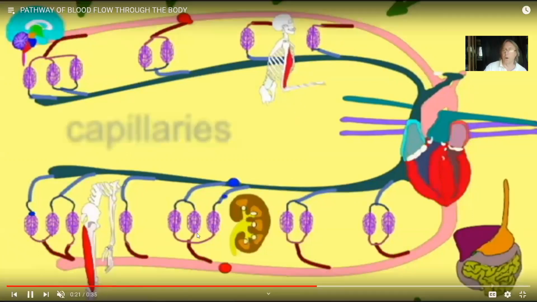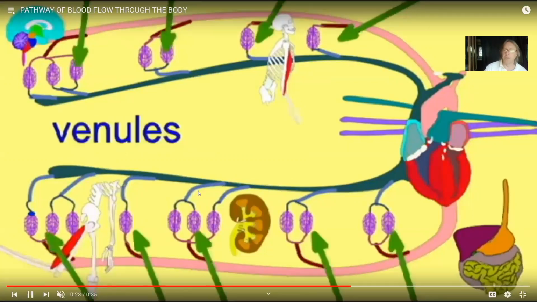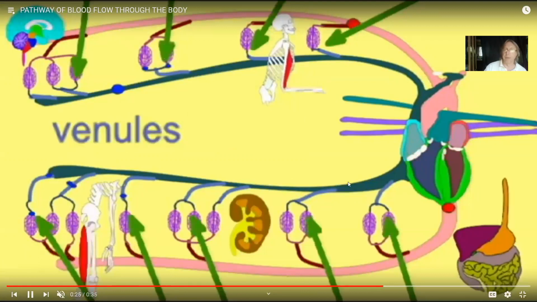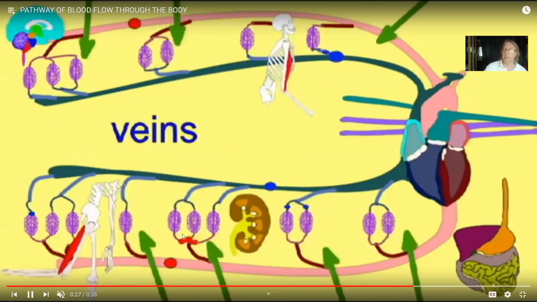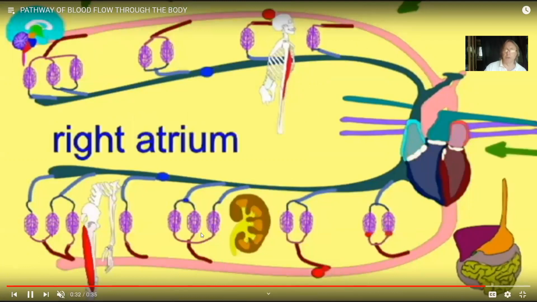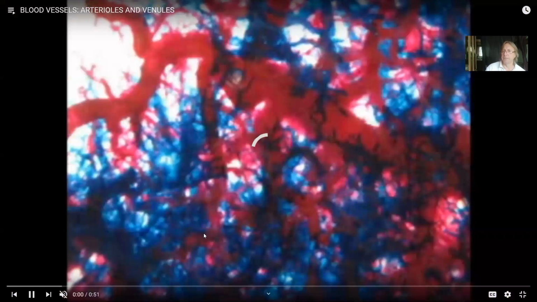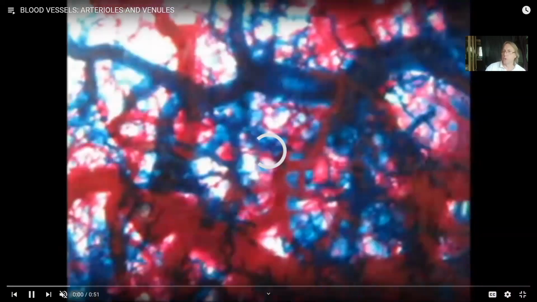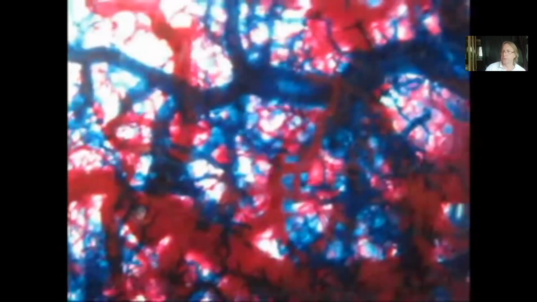There are microscopic arterioles, and then capillary beds, and then venules, microscopic veins, and then the veins, which will then return blood to the left ventricle. So there is this pathway throughout the body. Here you can see how small blood vessels can get. They keep branching and branching, forming small arteries known as arterioles and small veins known as venules.